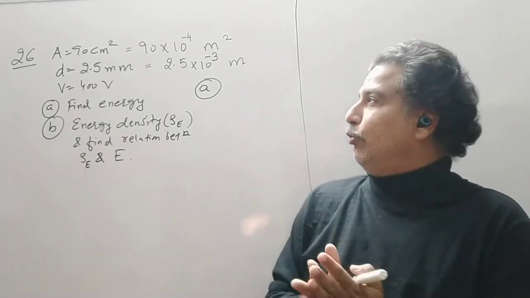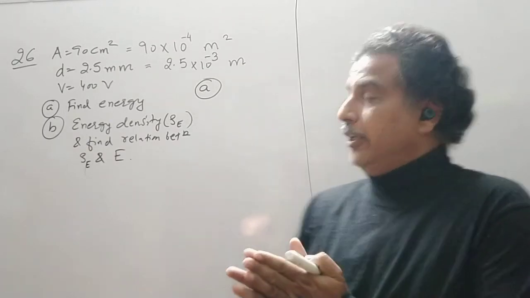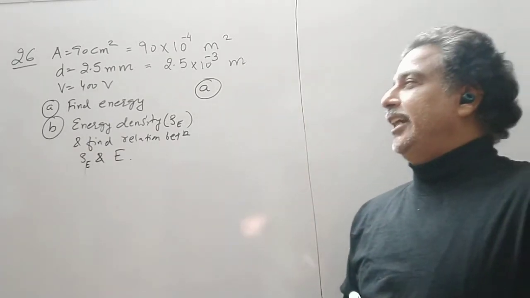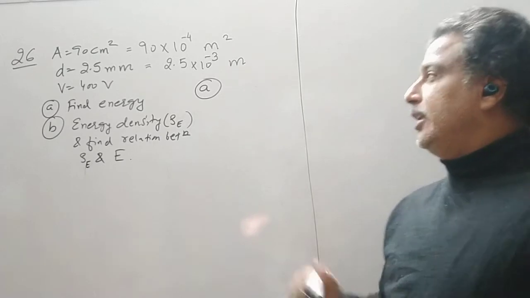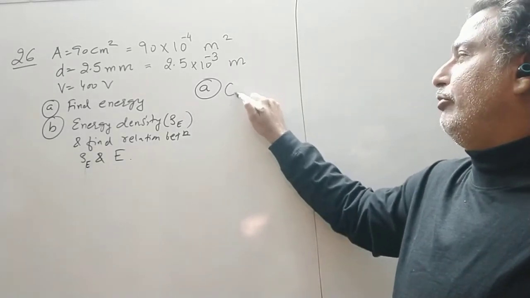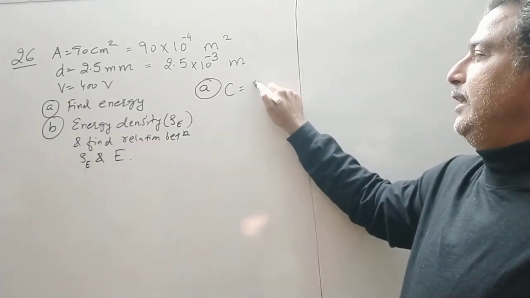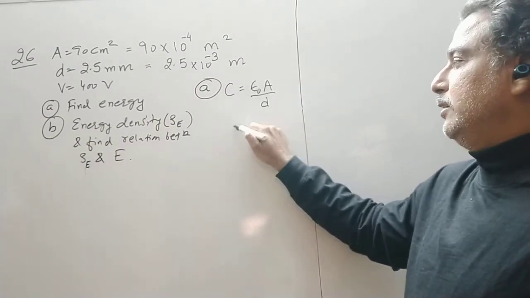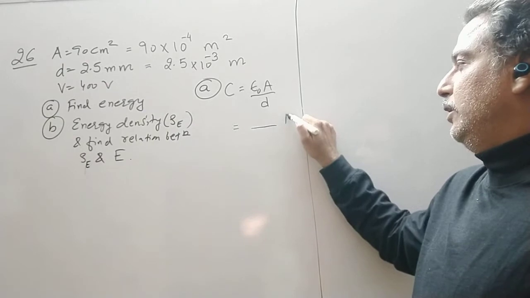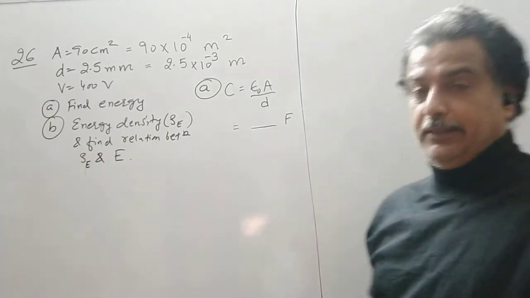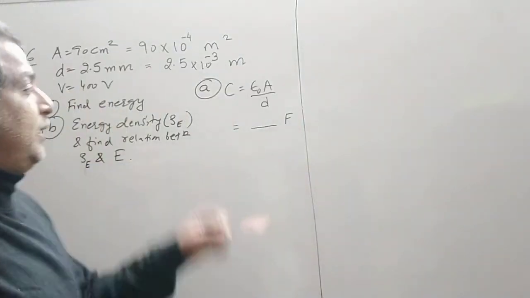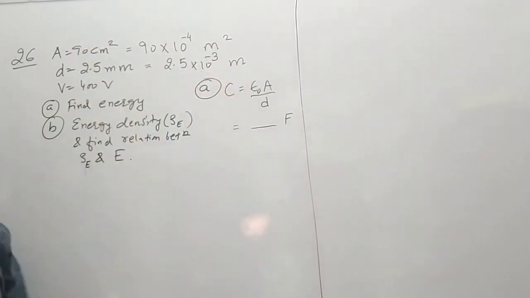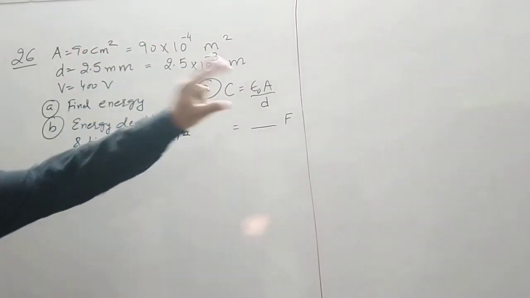So either you have to find out Q or C. From the given it is clear that area and d are given, so it is easier to find out C. So first step, you find out the C by the formula epsilon naught A by d. Substitute all these values and you will get an answer in farad. This mathematical calculation is left as an exercise. All the values are given.